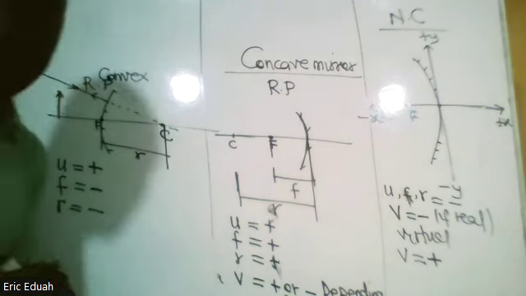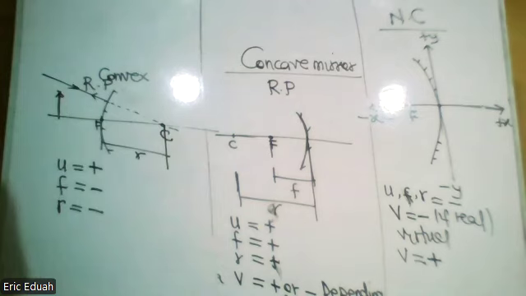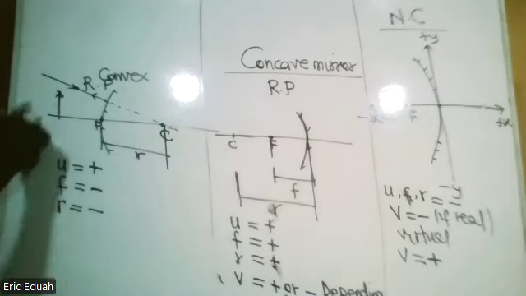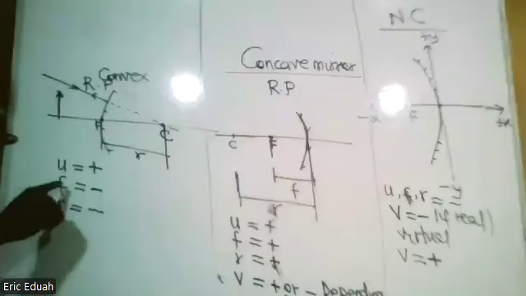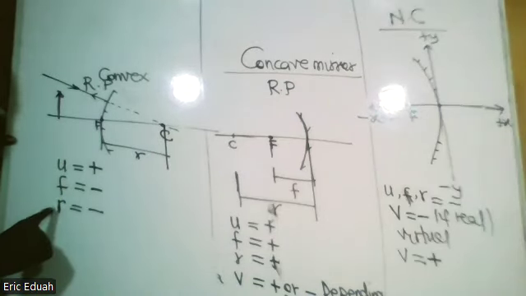R will be negative. Gabby, if R occurs in front of the mirror, that means it's positive. Yes, if C would occur in front, R will be positive.